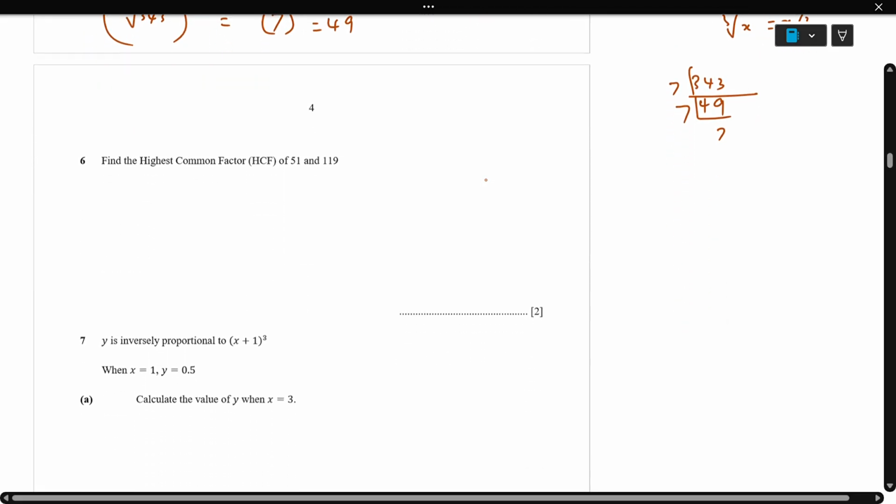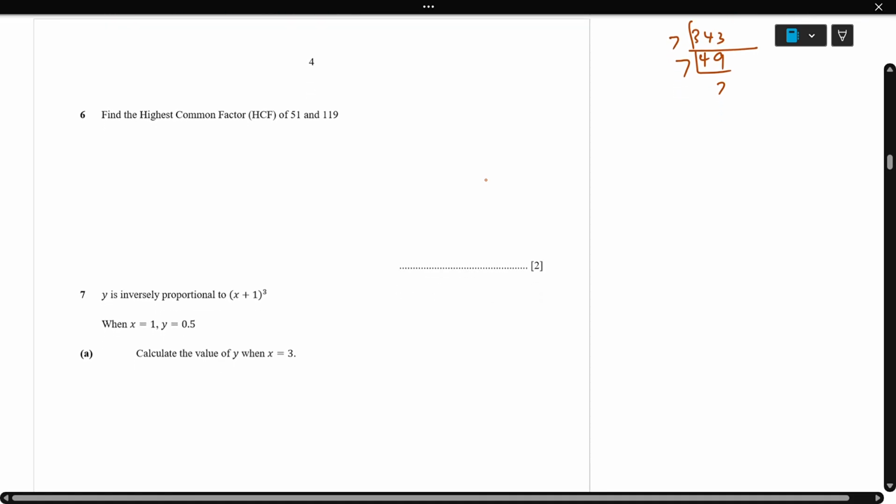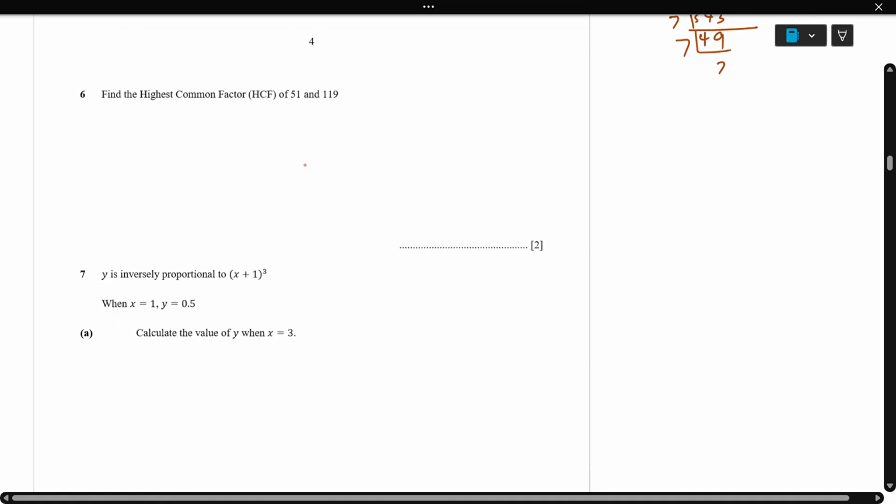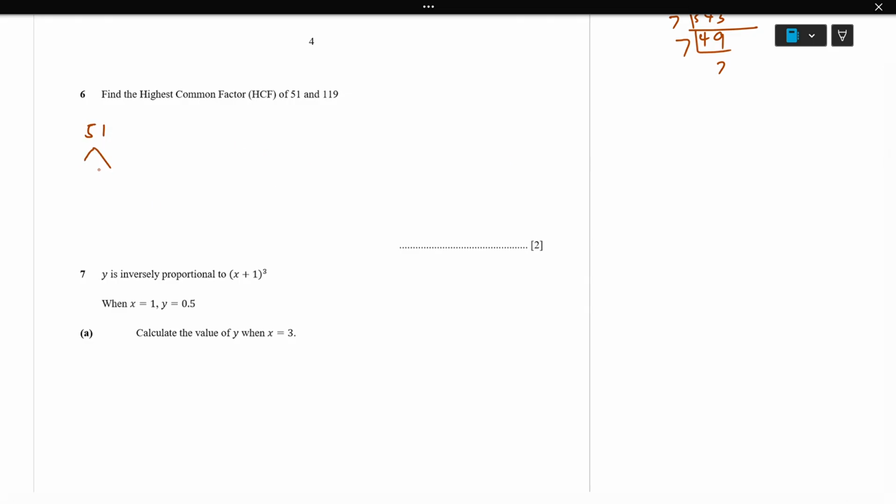Next, find the highest common factor, HCF, of 51 and 119. First, prime factors of 51. I go for 3, so 3 times 17, and both are prime numbers. Next, 119: 3 is not possible, so 7 times 17, so 7 and 17.